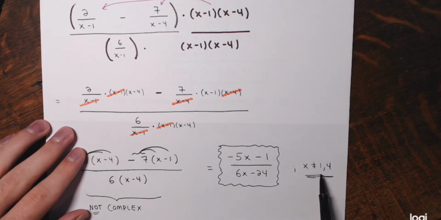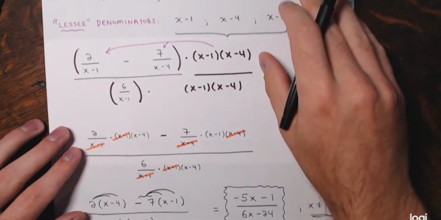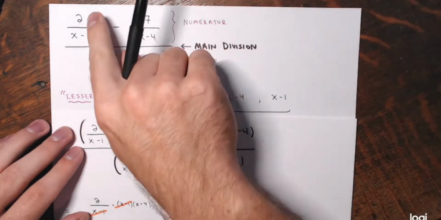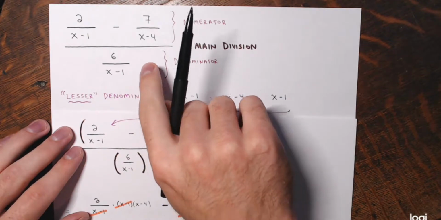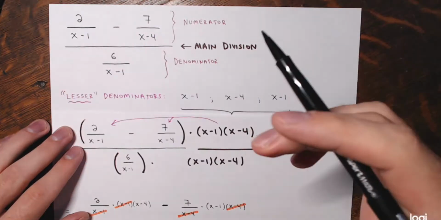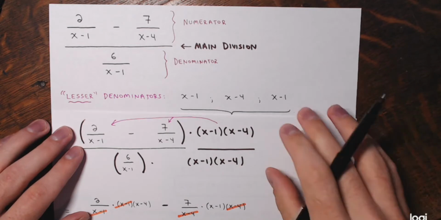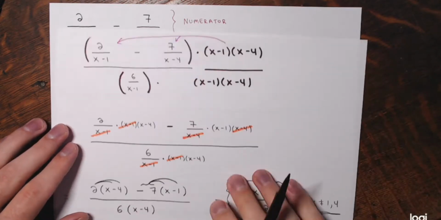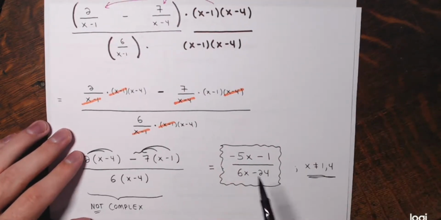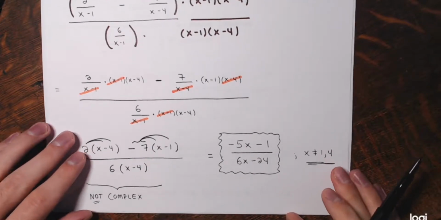But for any other value of x, and I leave it to you to check this, go back to the original expression, replace x with 0 or 2 or 5 or something that's allowed, something that won't make any denominator 0, and then do the same in the final expression, and you'll see that they end up giving you the same value all the time.